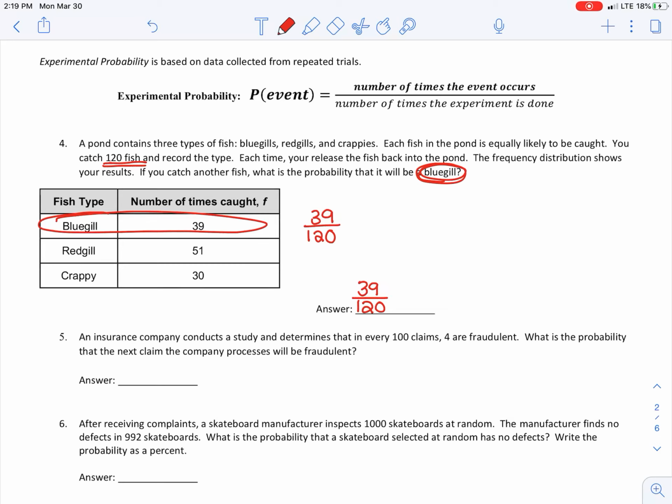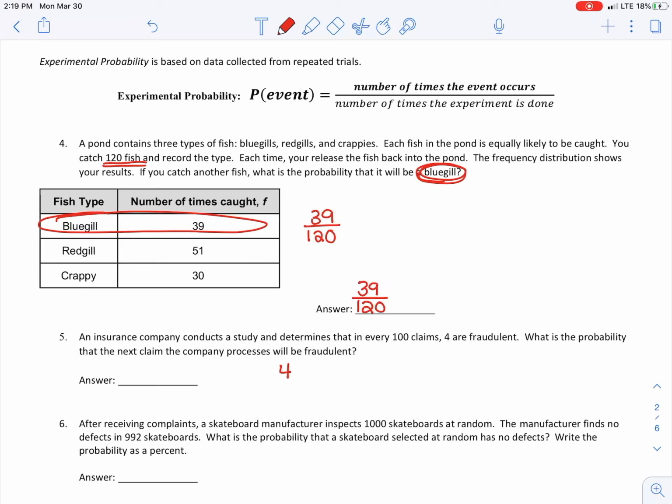For number 5, it says an insurance company conducts a study and determines that in every 100 claims, 4 are fraudulent. What is the probability the next claim the company processes will be fraudulent? So basically, this is saying number of times the event occurs. Well, number of times that we have a fraudulent claim, and that's going to be 4 times.